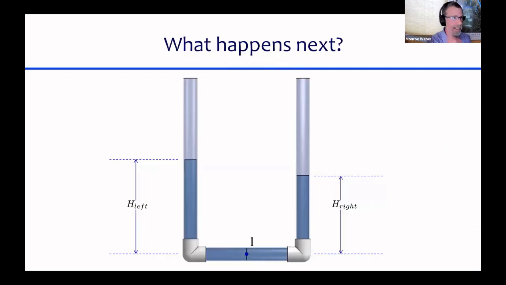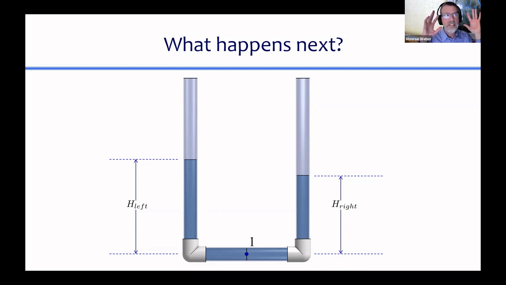Okay, so let's take a simpler case. Here's a U-tube. You can think of the right side here as my little tank. How do I coax the water in that little tank on the right side to go up? So what happens next if at time zero I take a picture, and this is what this U-tube looks like at time zero?